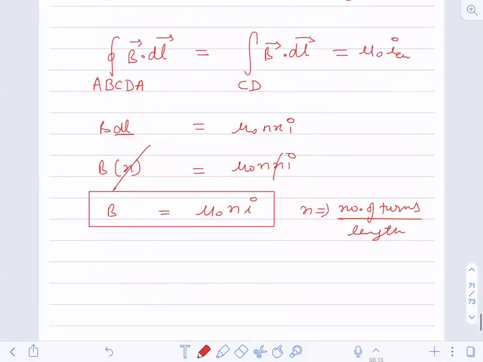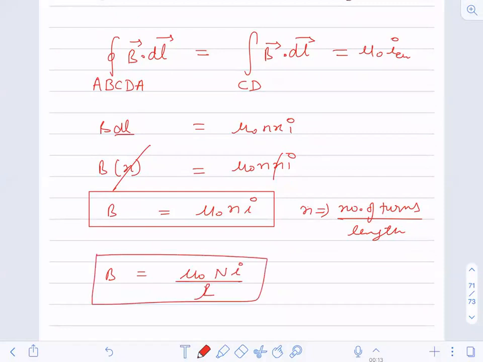If you want to write this formula in terms of the number of turns, you should write it as capital N I divided by capital L, where L is the length of the solenoid. This is how you write it in terms of number of turns.